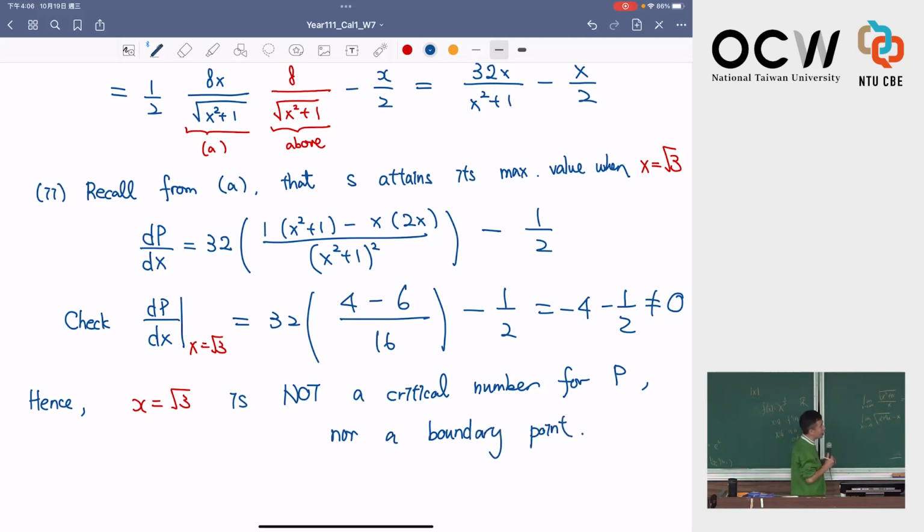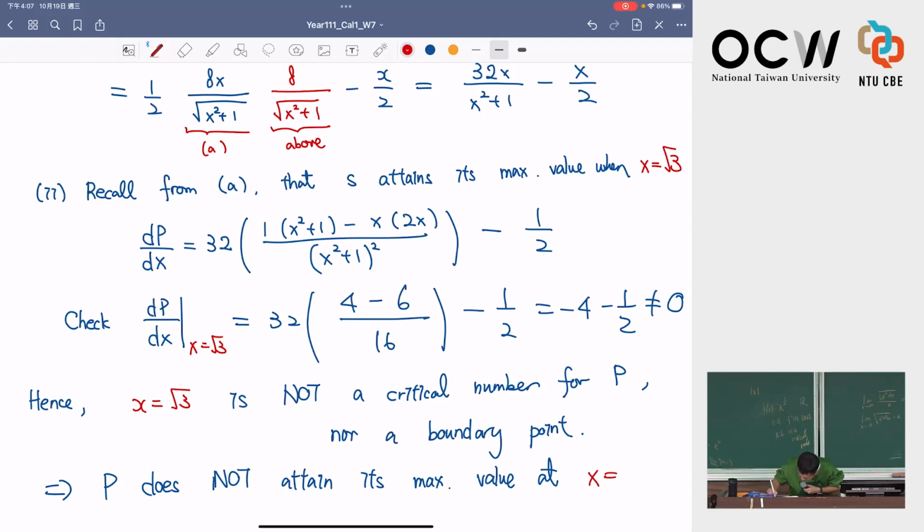But we have learned that to attain a maximum value or minimum value, it has to be either at a critical number or a boundary point, and this is not the case here. Therefore, P does not attain its maximum value at x equals root 3.